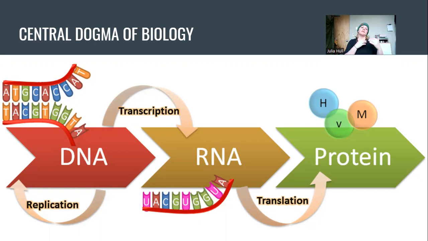Now, the analogy from going from RNA to proteins, or translation, that one's an easy one to remember because you're going from nucleic acid language with DNA and RNA, but now you got to translate it into protein language.